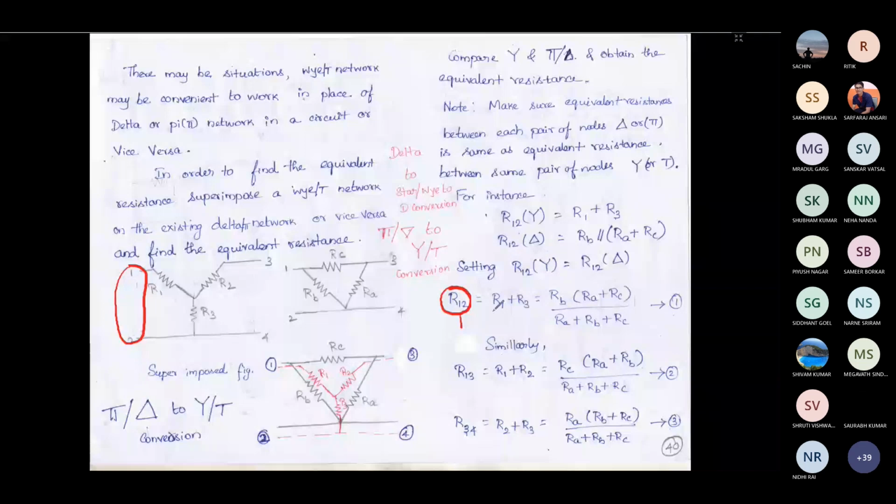Then R12 is equal to R1 plus R3, that is equal to RB into RA plus RC divided by RB plus RA plus RC. Similarly, we find R13 in the similar fashion. For the star connection, R13 means you are finding the equivalent resistance across these terminals, seeing from here.